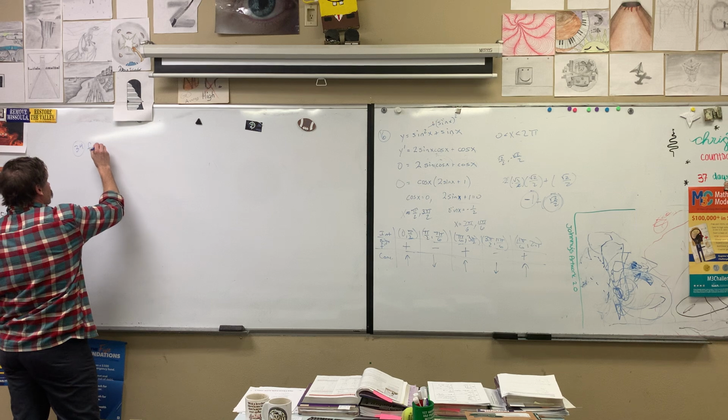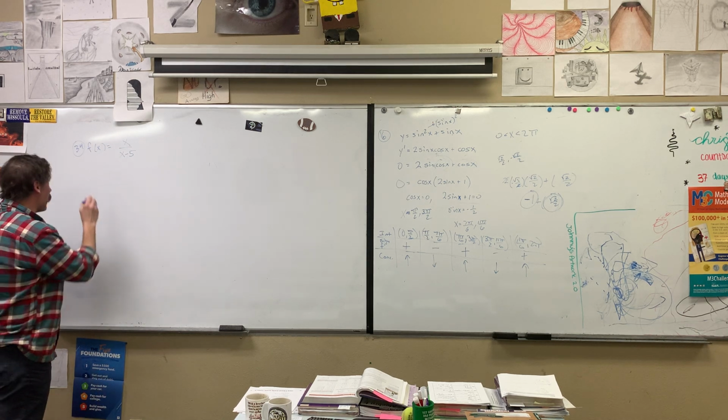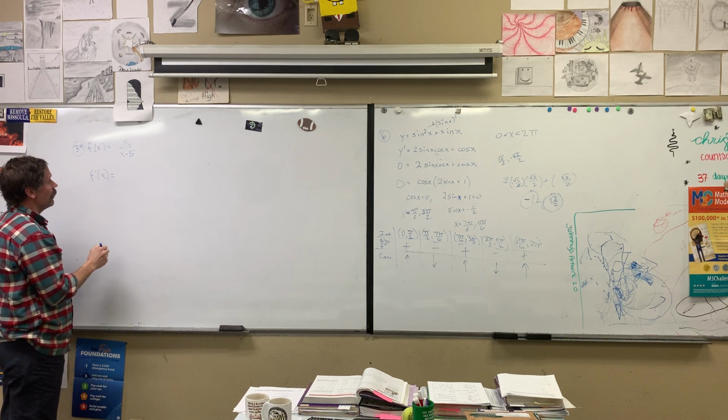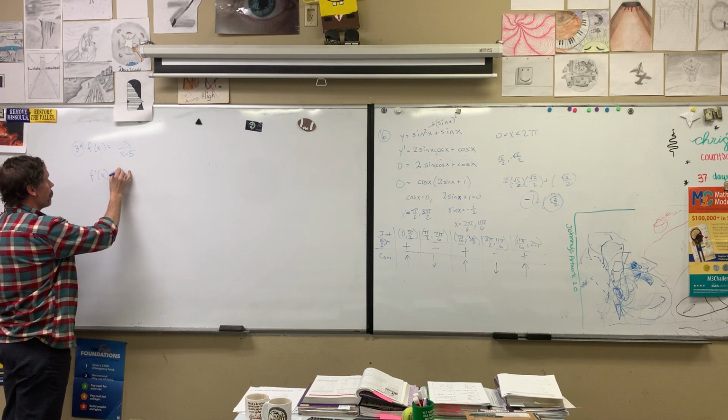So f of x equals x over x minus 5. Okay, so f prime of x, we're looking for the derivative. What rule are we going to use for this one? Quotient rule.